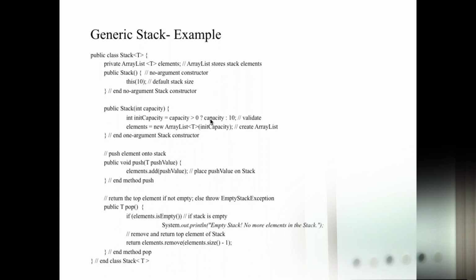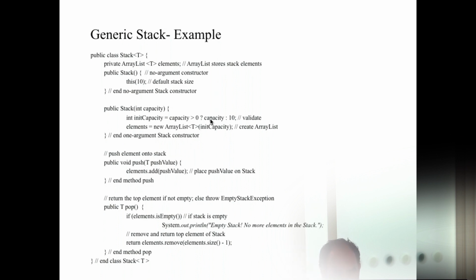So if somebody asks you to implement a stack that can handle values of different data types, you can pass values of integer type, float, double, long, short, byte, and maybe even user defined data types.